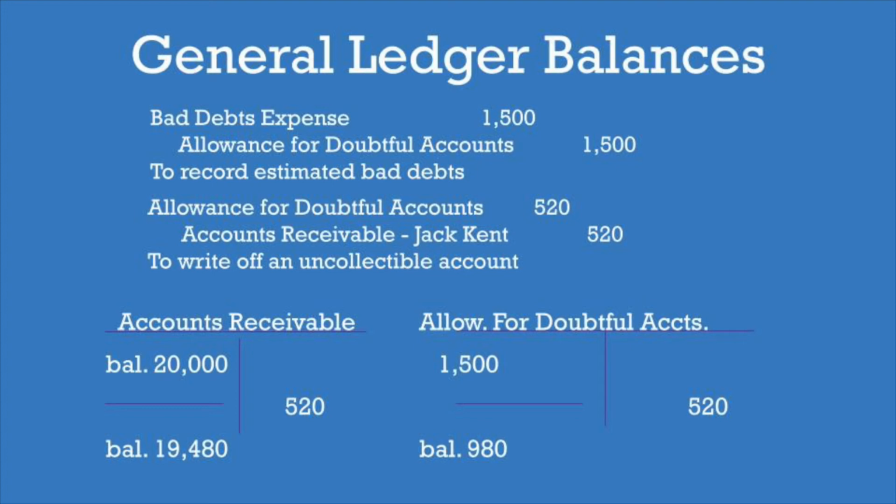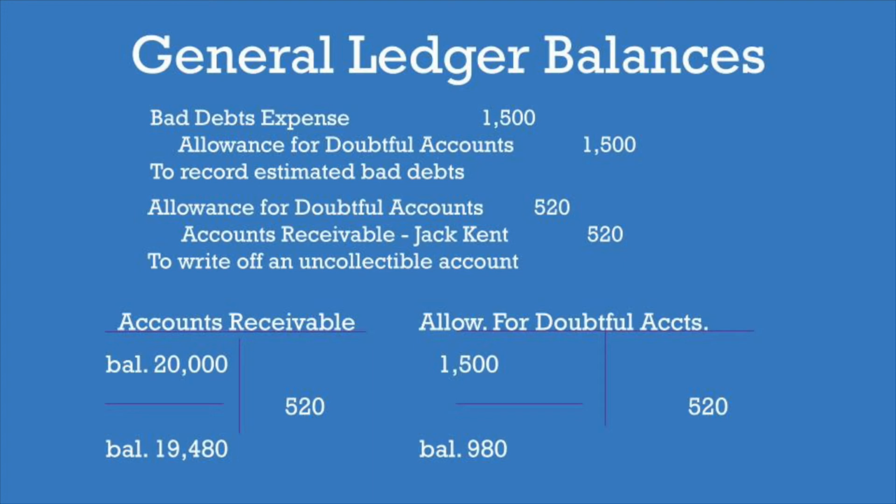So you can see, if we look at the allowance for doubtful accounts first, it had a credit balance in it of $1,500 to start off with. The $520 was debited, and that drew the account balance down to $980. So the balance after this happens was $980 in the allowance for doubtful accounts. We'll also look at Jack Kent's receivable specifically.